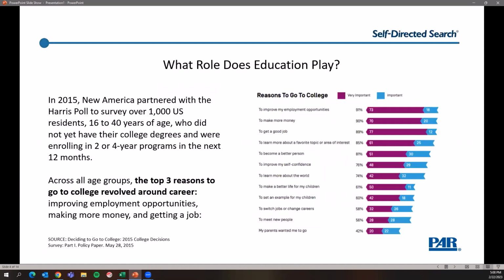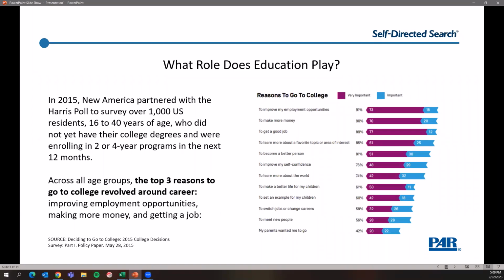How does education fit into this, right? I mean, many people on this call are probably educators, or interact with educators, or are students themselves, or work with students. When asked why people go to college, and it says education here, really the clarification point is post-secondary ed. So this is not necessarily a 4-year school, a 2-year school, a trade school. It could be any variety of post-secondary ed.